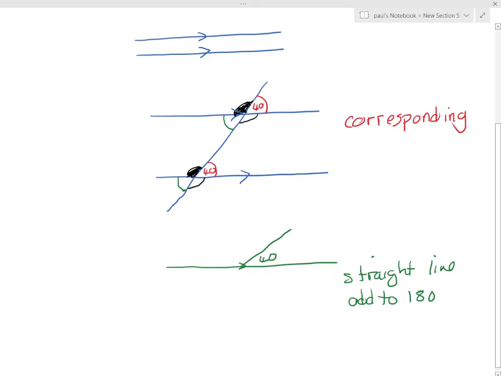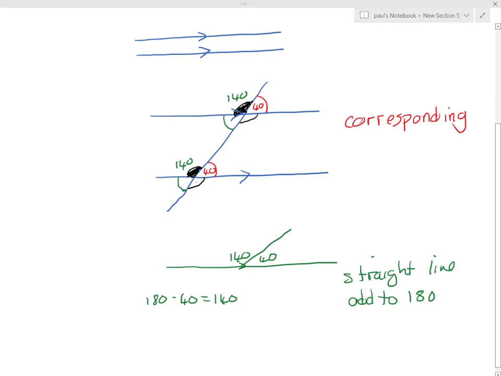So if this is 40, this one here will be 180 minus 40, which equals 140. So that angle there is 140 degrees. So if we go back to this one, that one's 40, this one's 140. So this corresponding angle down here is also 140.